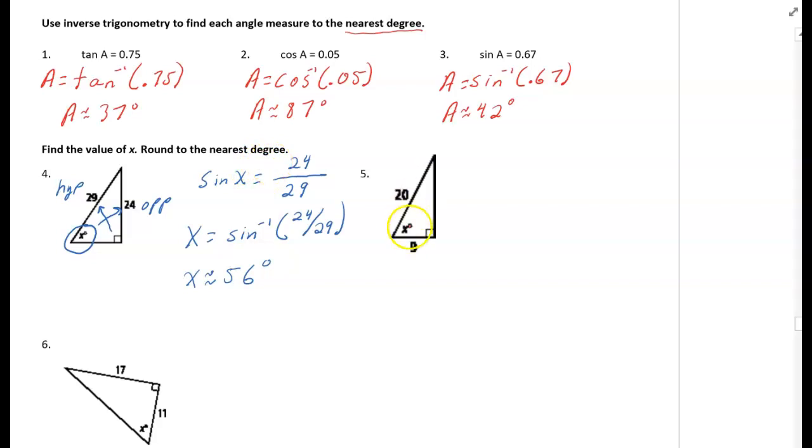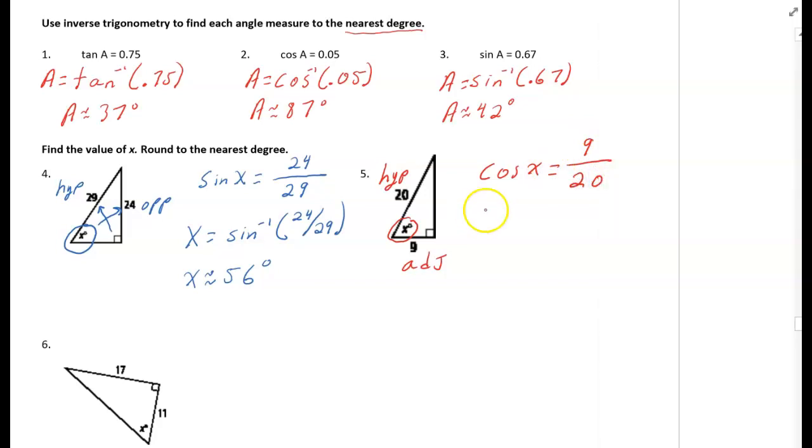For problem number 2, again, I like to circle the x. The 9 is the adjacent. The 20 is the hypotenuse. So which trig function has adjacent and hypotenuse? That's the cosine. So cosine of x is the adjacent, which is 9, over the hypotenuse, which is 20.